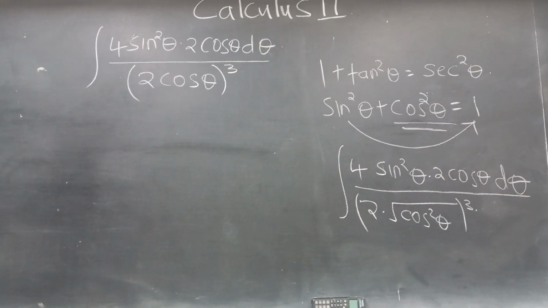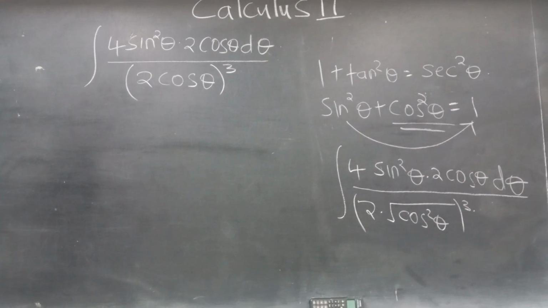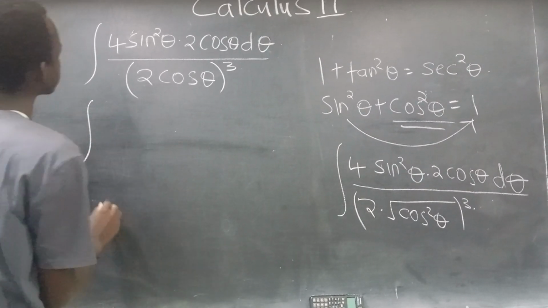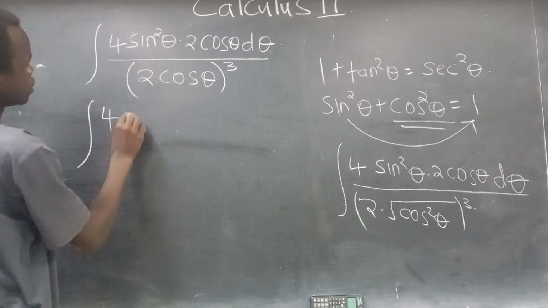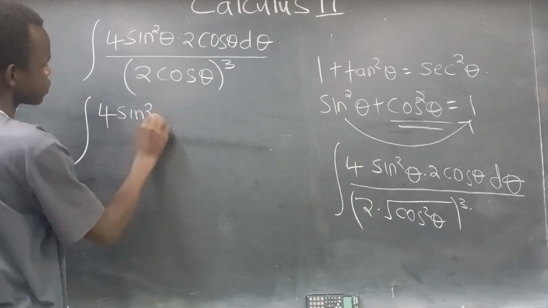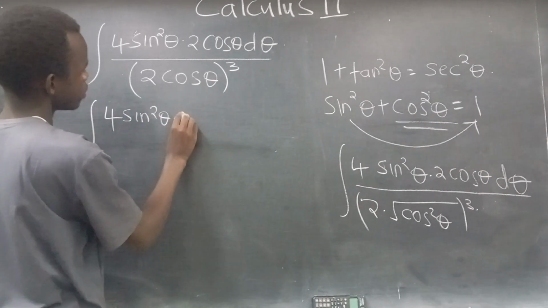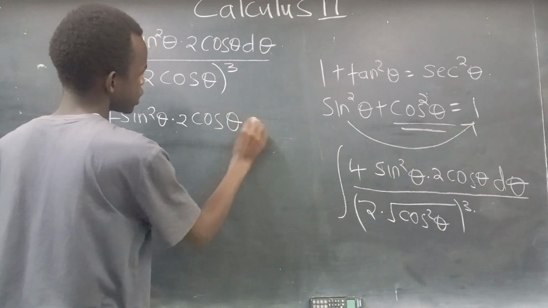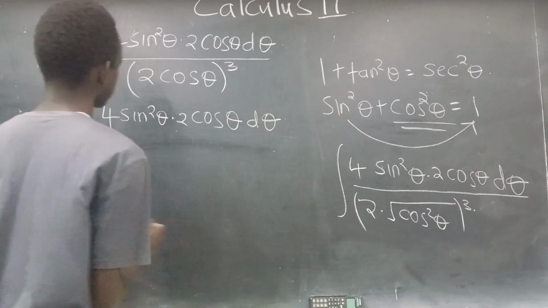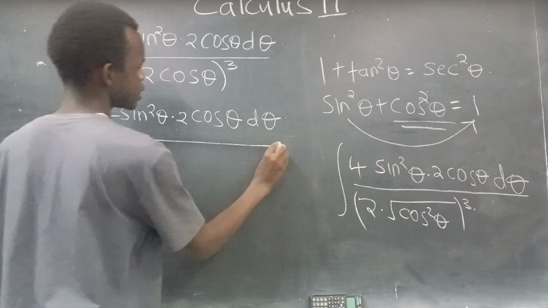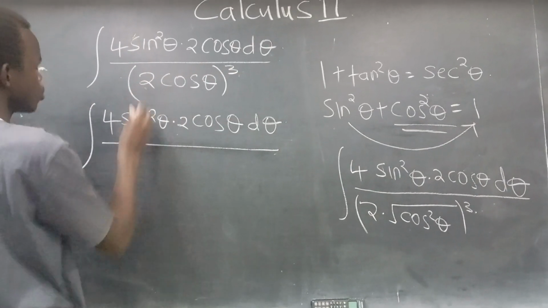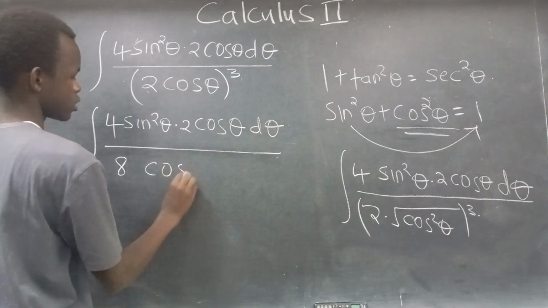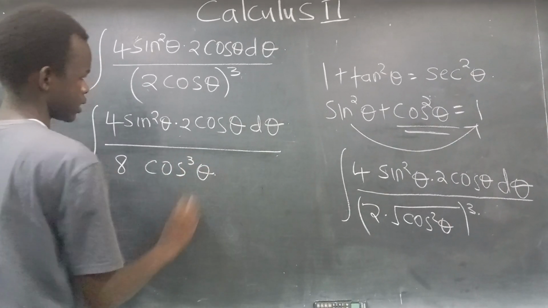So the integral of 4 sine squared of theta multiplied by 2 cos of theta d theta divided by 2 cubed is 8, and cos cubed is just cos cubed theta.